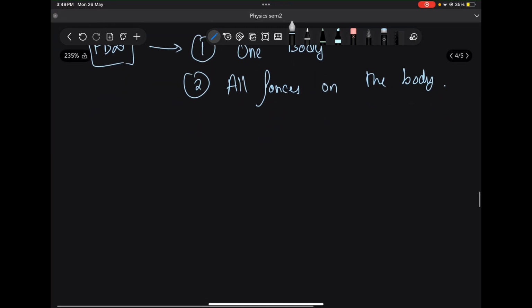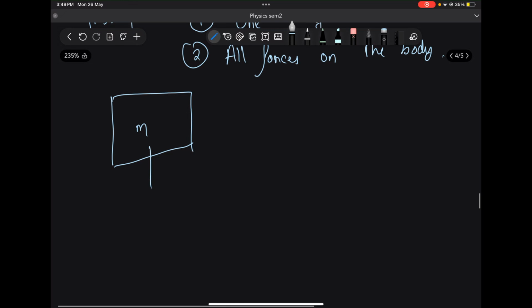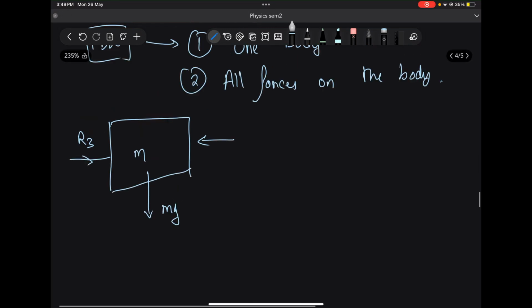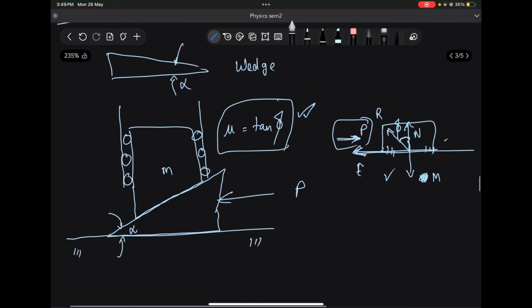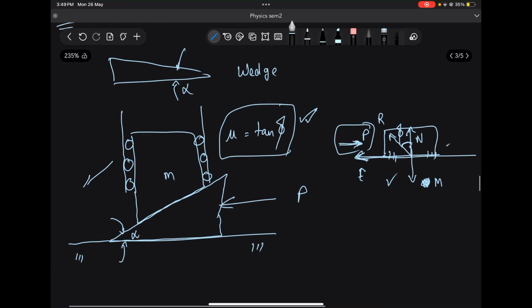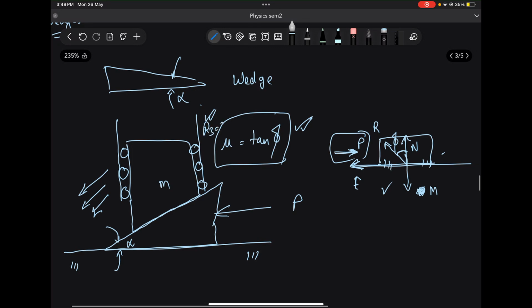Now let's take this block. First, it has a weight mg. It will have a reaction force from the wall, R3. Now you might say there must be another reaction force here, but if you take a look at the diagram, the block wants to slide down the wedge, something like this. So it does not make sense to have a reaction force against this wall. This reaction will of course be 0.